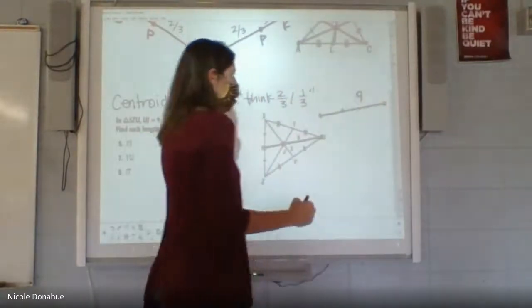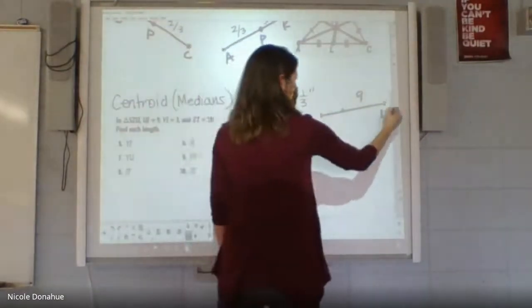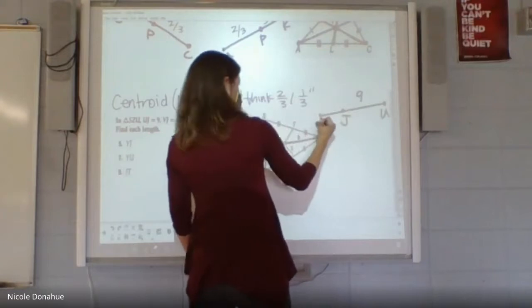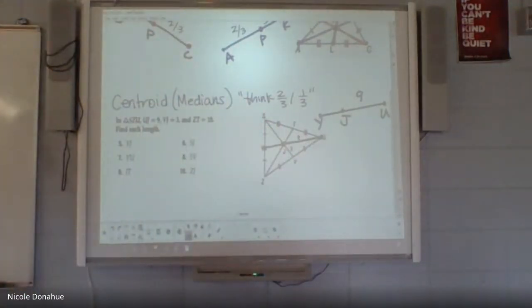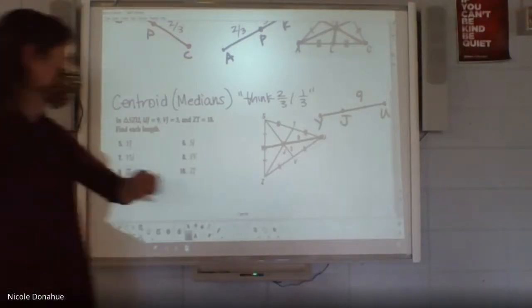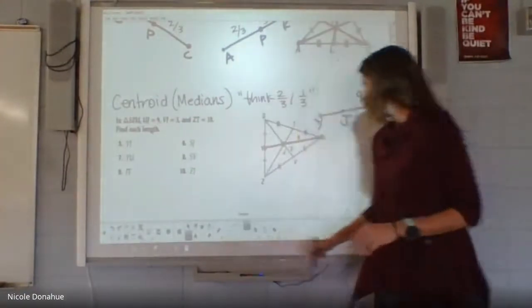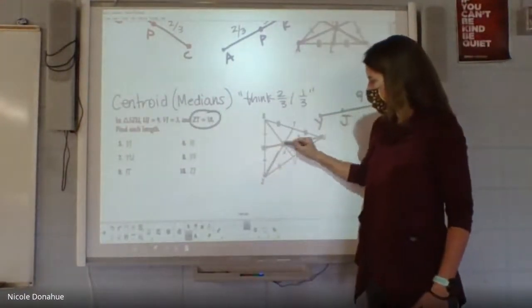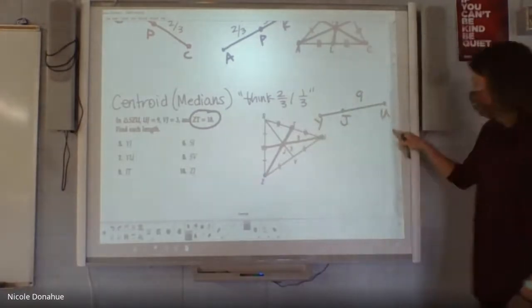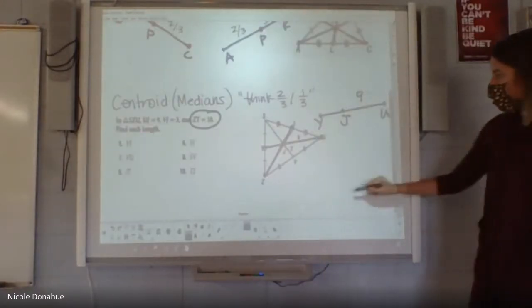So I have this 9, and this is U, J, Y. I might have just changed my mind. I think we're going to wait on this one, so hang on to that one. Leave it there, though. Let's actually start with ZT.